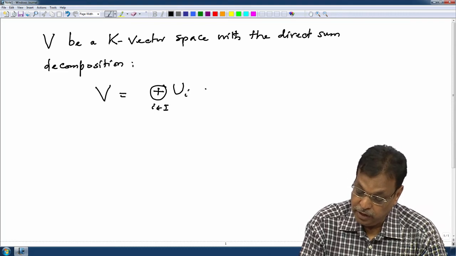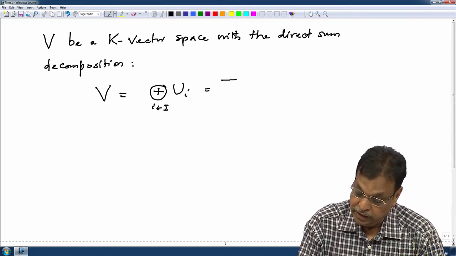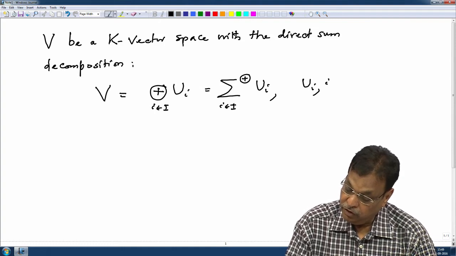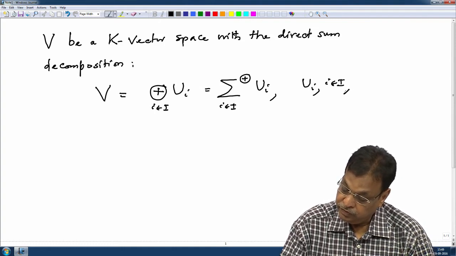Strictly speaking, I should be writing the sum over i in I of Ui, where Ui is a family of subspaces of V.